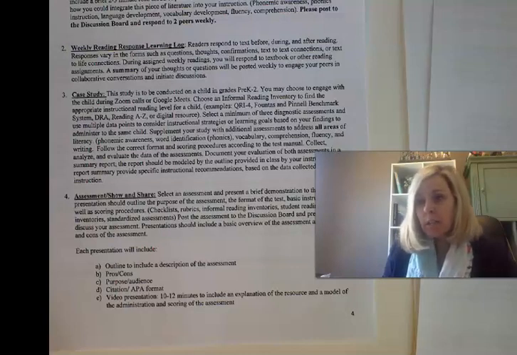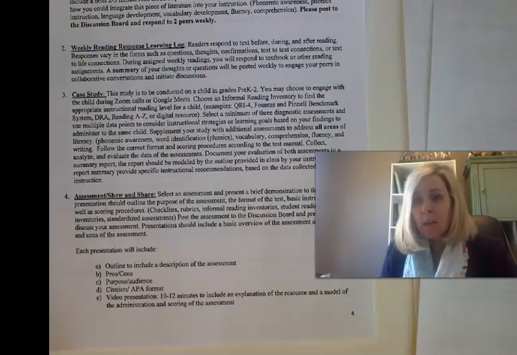What does your student like to read or write? And then you will engage with that student to really be able to dig deeply using different assessment techniques to be able to find the student's strengths or weaknesses in literacy.